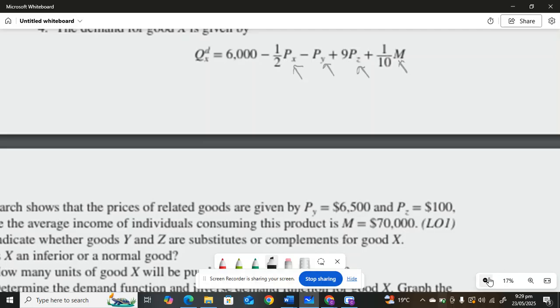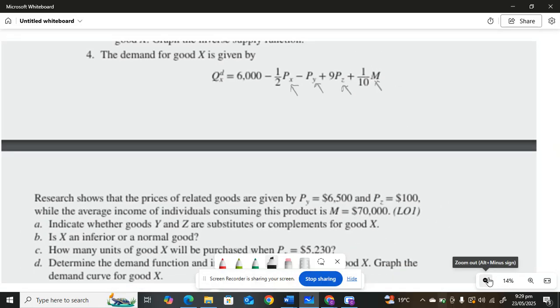So, as I said, in this demand function there are one, two, three, four factors that affect the quantity demanded for good X. Quantity demanded is the dependent variable.